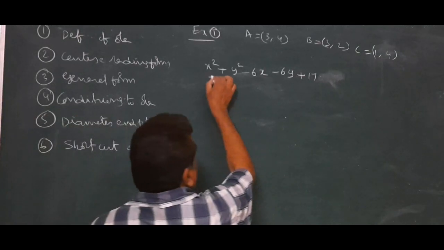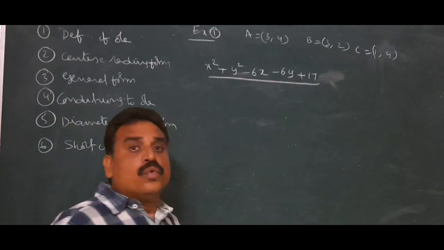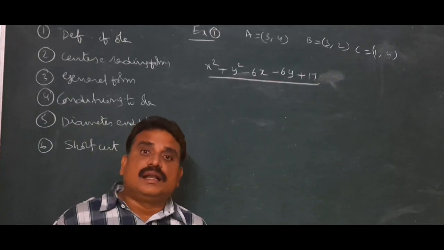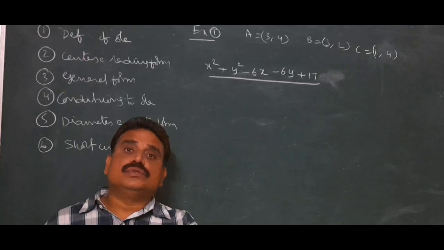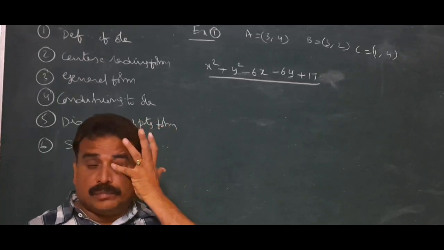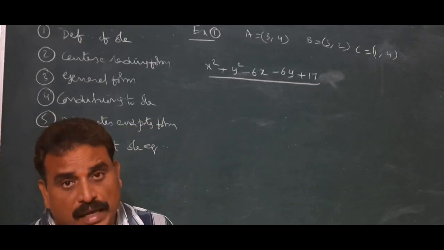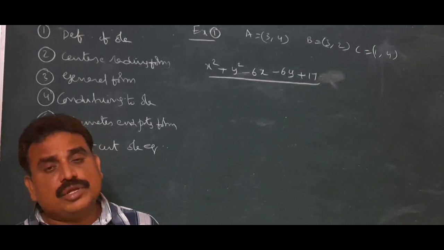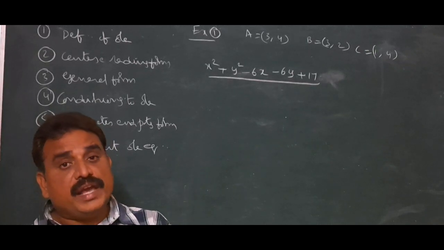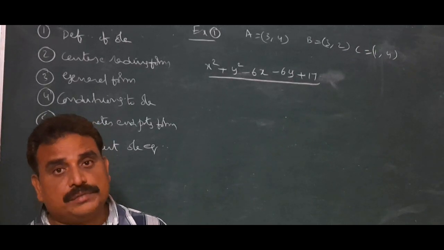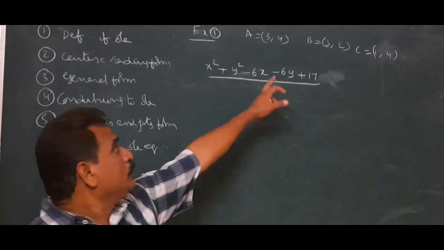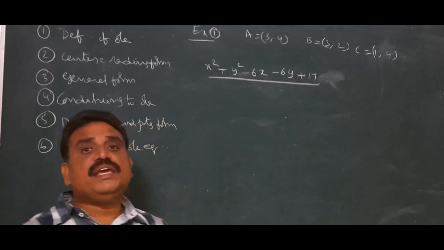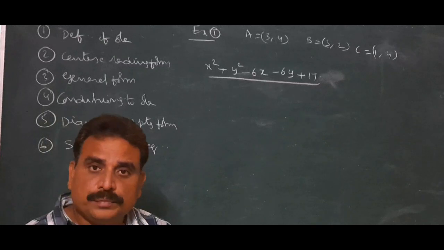Okay. But now we have to write down the line equation passing through AB. Let us observe the points A and B. A is (3, 4), B is (3, 2).